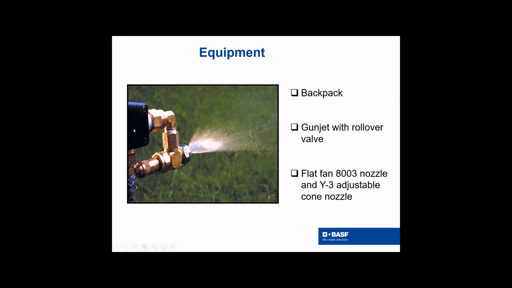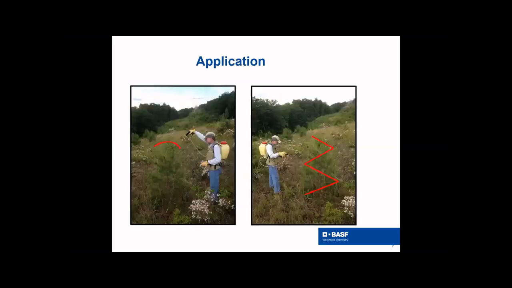Actually, it's cut off on this picture. And then on that gun jet, you mount this rollover valve, and on one end you have a flat fan, and on the other end you have an adjustable cone nozzle, and that gives you the best flexibility depending upon how wide the brush is, how tall the brush is, so that you can get the best kind of coverage.